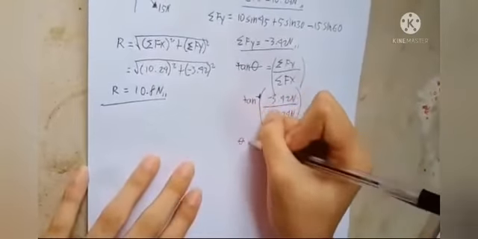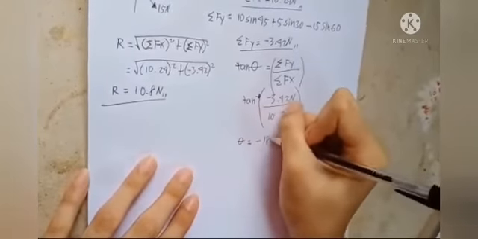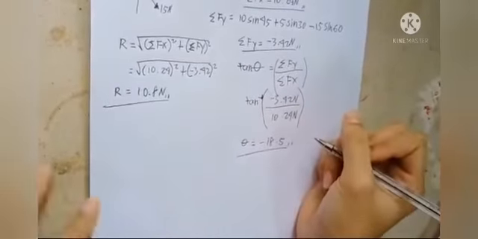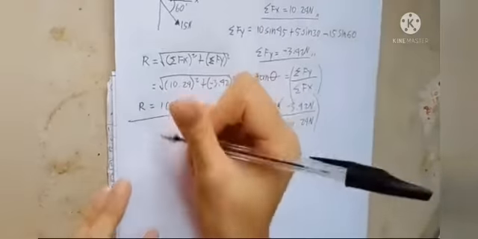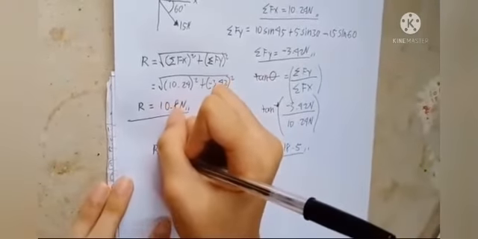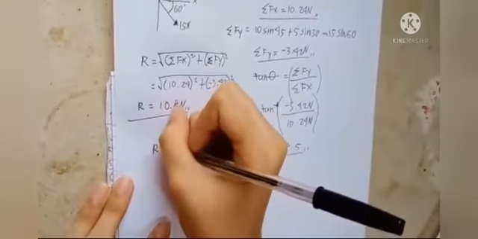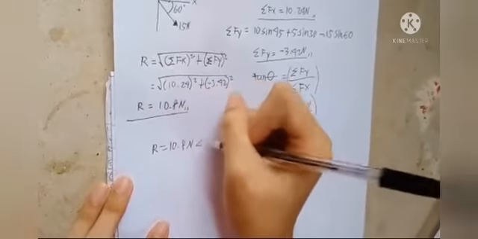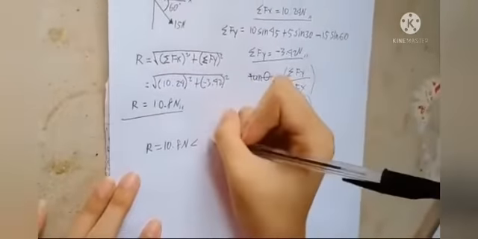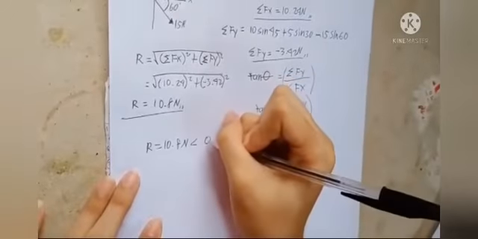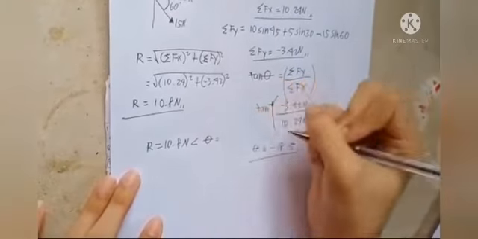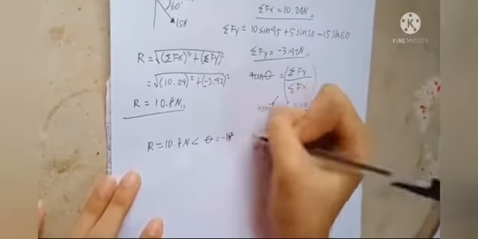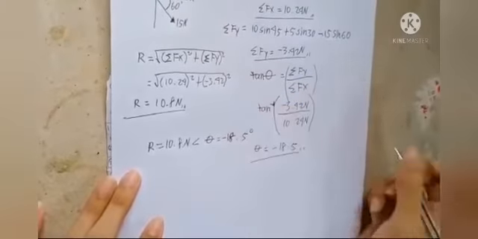The result is negative 18.5. So the answer is resultant 10.8 Newton at an angle of negative 18.5 degrees.